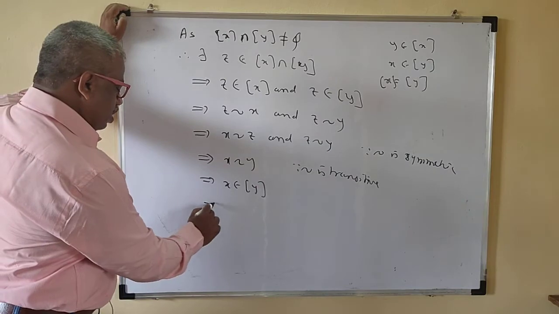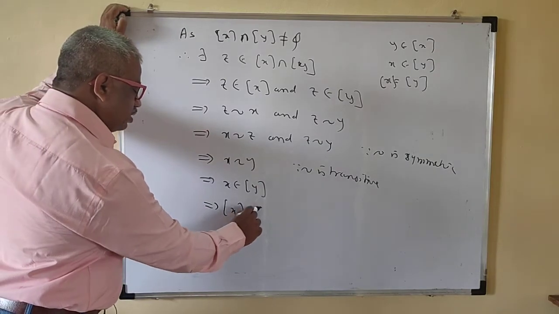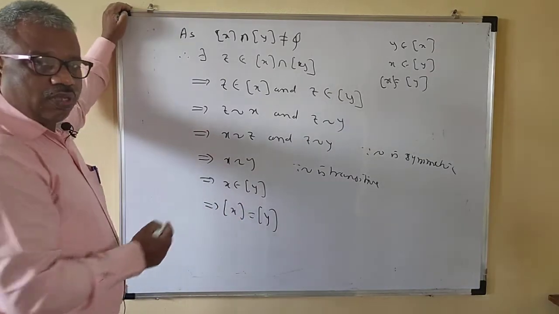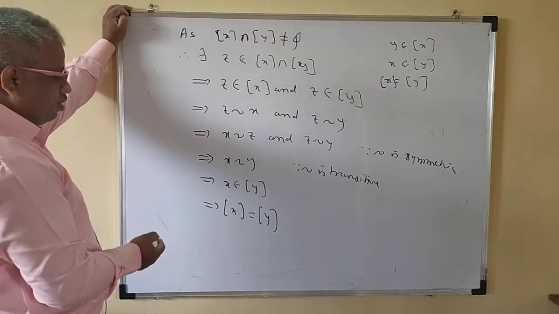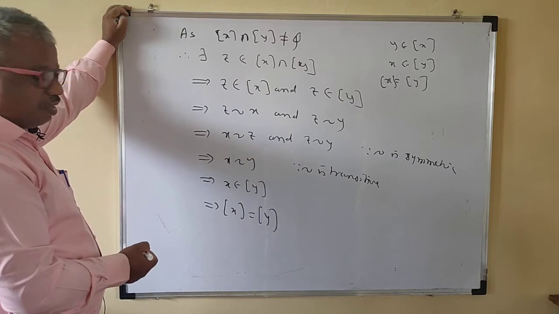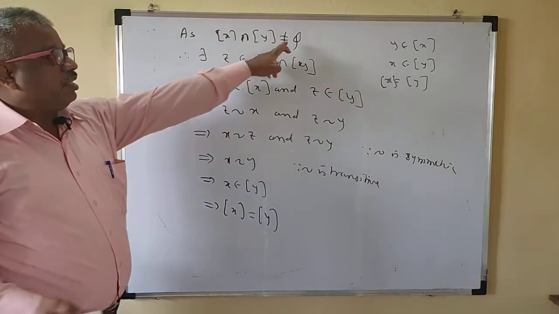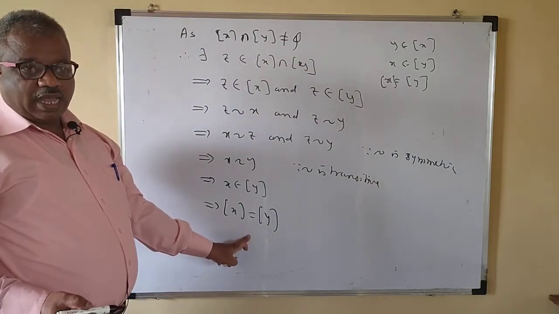So this implies that the equivalence class of X is the same as the equivalence class of Y. We have just proved this in the last theorem and applied it here. So whenever the intersection is not empty, we have proved that they are equal.